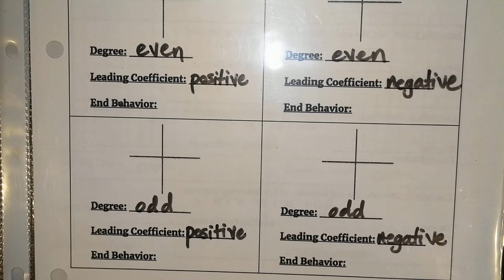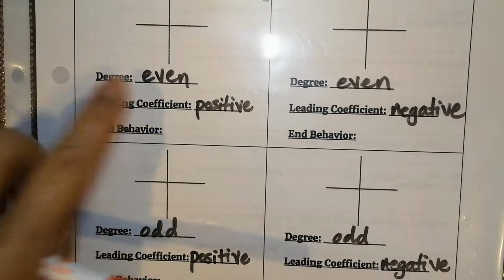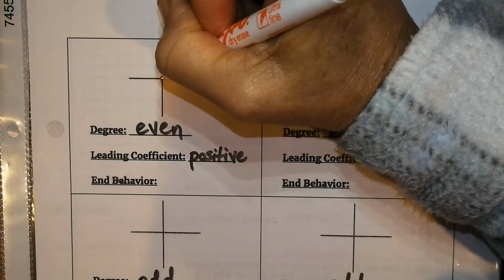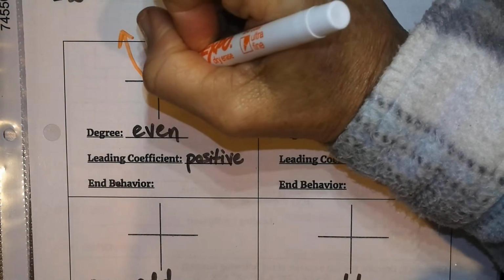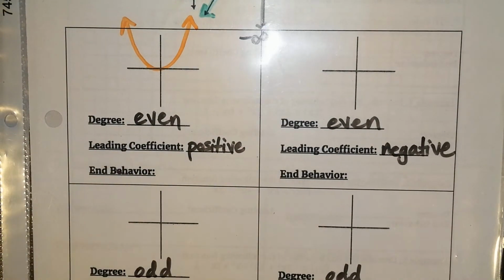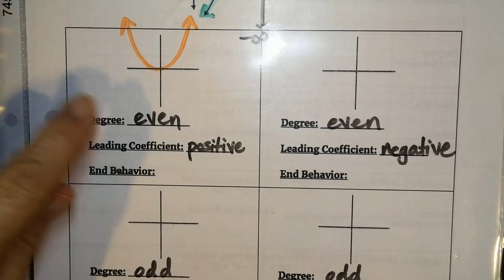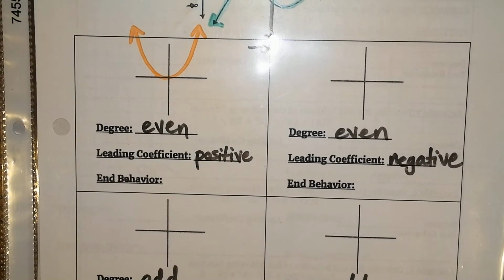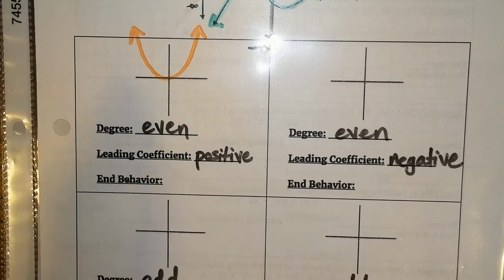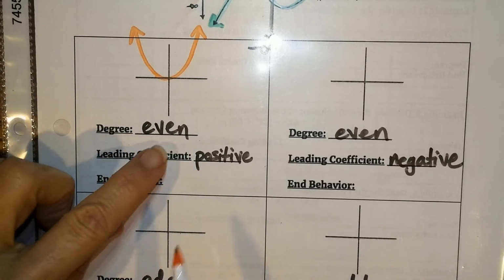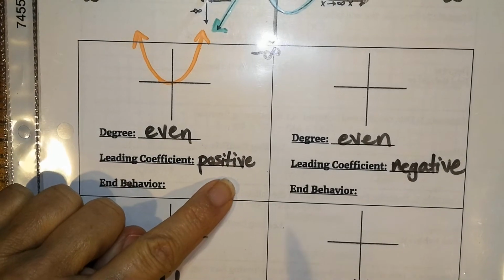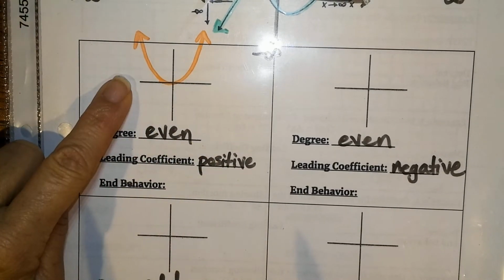So a positive even function looks like a parabola. The highest degree is 2, and that's even. So any type of polynomial with an even degree and a positive coefficient is going to look like this.